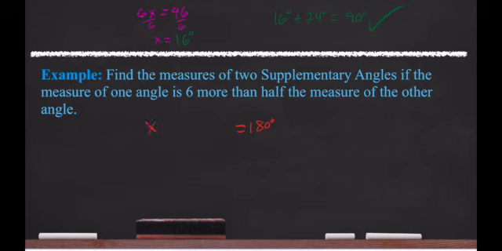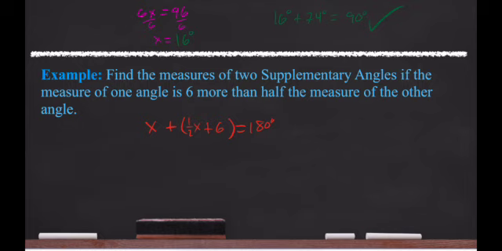Let's call the first angle x. We could call it y or z. It does not matter which variable you decide to choose. We're going to add this to the other angle. We know that this other angle is 6 more than half the measure of the original, so half x plus 6 is the other angle.